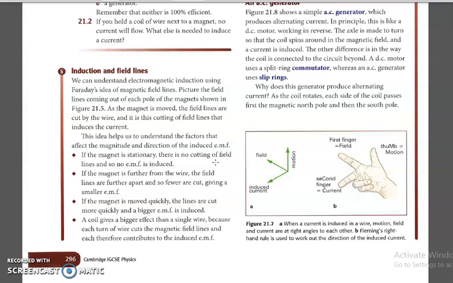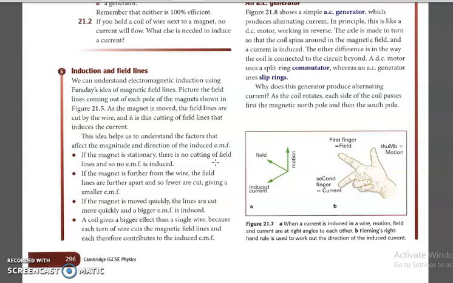If the magnet is further from the wire, we know that as the distance from the magnetic poles increases, the concentration of the magnetic field lines decreases. As the distance from the magnetic poles increases, the magnetic field strength decreases.